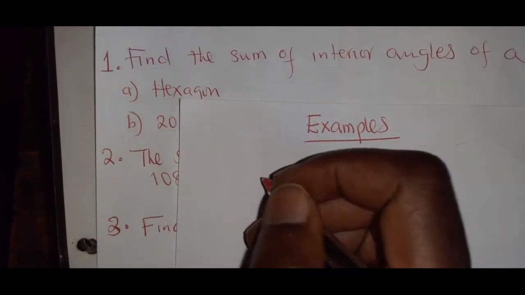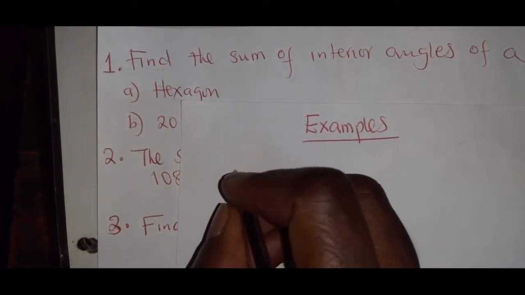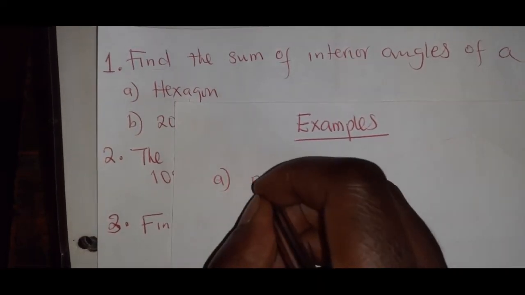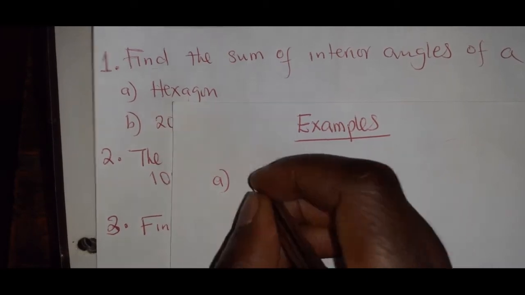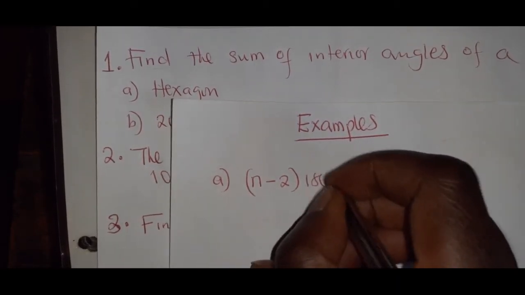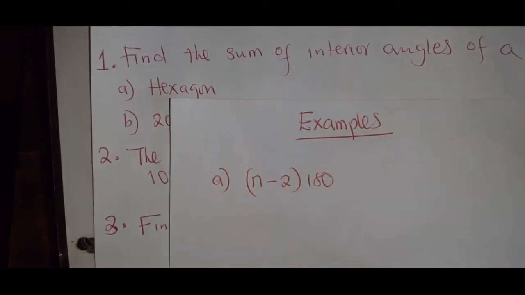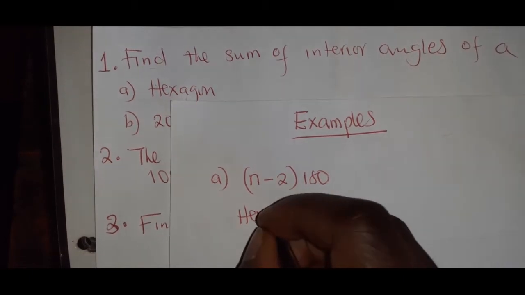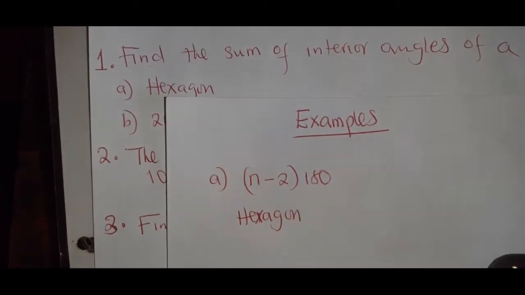Please copy these examples and solve them with me. So the first one, we'll use the formula. What is the sum of the interior angles of a hexagon? A hexagon is a 6-sided polygon.